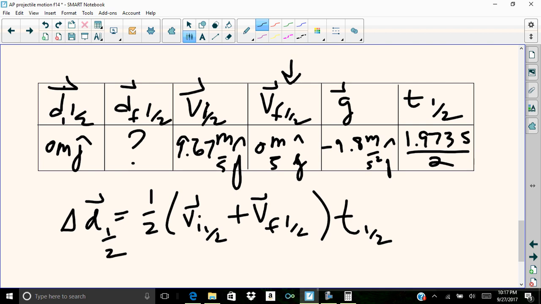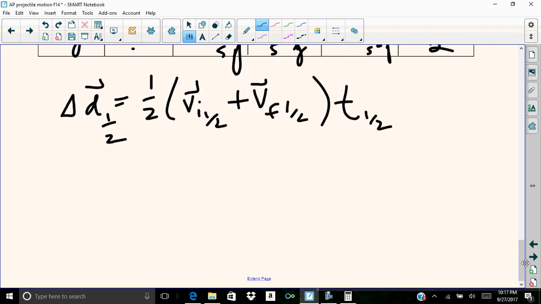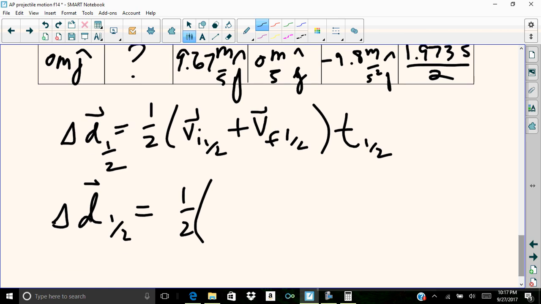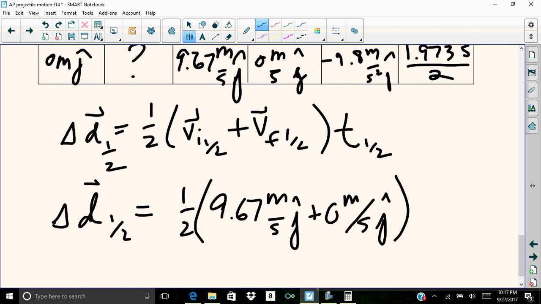And this is my height halfway. Okay, so my halfway height is going to end up being 1/2 times my initial velocity, which is 9.67 meters per second j hat, plus 0 meters per second j hat, all times 1.973 seconds divided by 2.